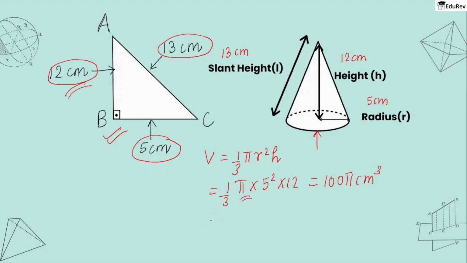So volume of cone after putting the value of pi is 100 times 22 by 7, which is further equal to 314 centimeters cube. So the volume of the right circular cone comes out to be 100 pi cm cube or 314 centimeters cube.